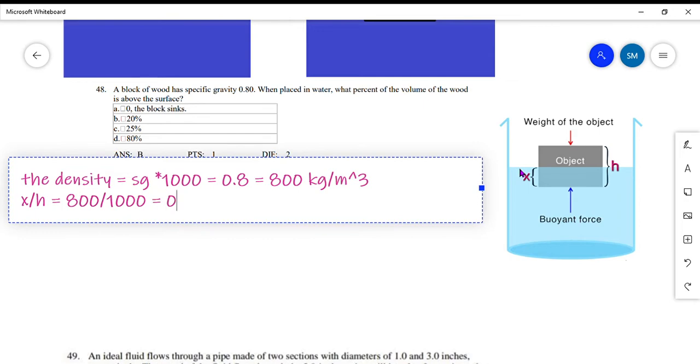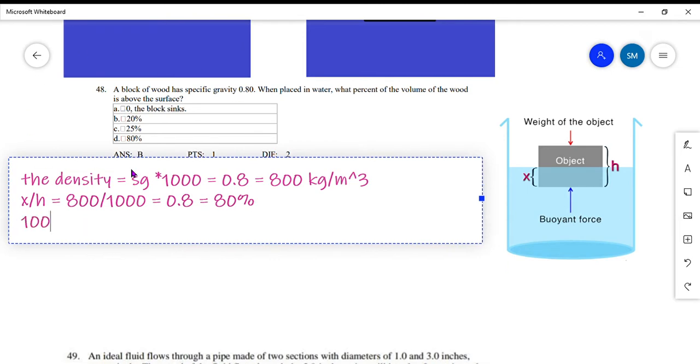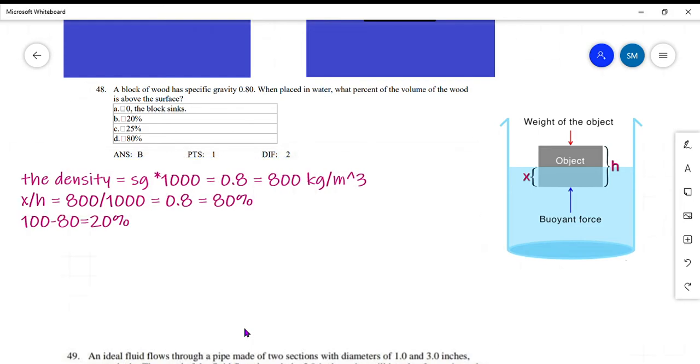That means 0.8. That means 80% of the object will be under the surface of water. But he wanted to know the volume which will be above the surface of water. That means 100 minus 80% equals 20%. I hope you understand this.